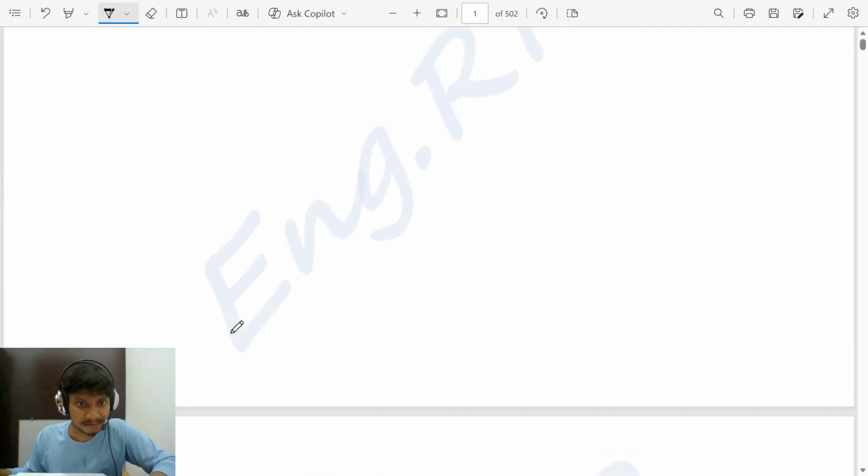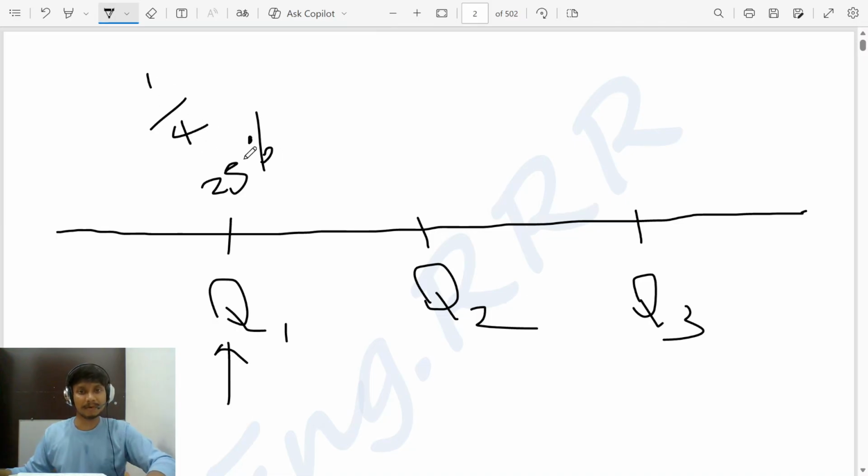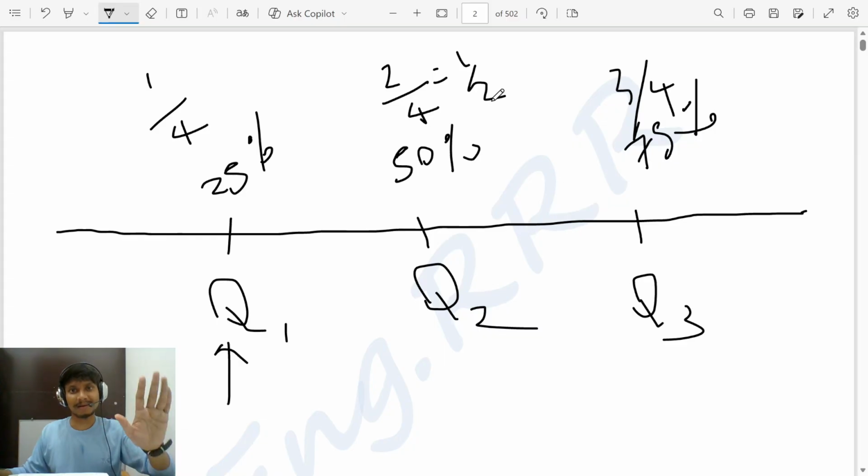Assume that the total is 100 percent. Then this is 25 percent, which is 1 by 4. This is 50 percent, which is 2 by 4, equal to half, 1 by 2. This is 75 percent, which is 3 by 4. Don't get confused.